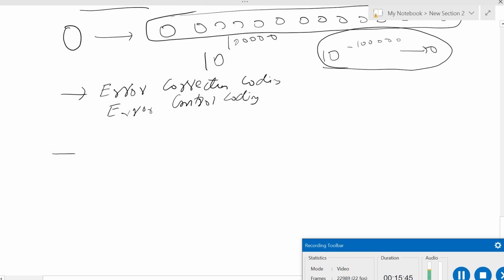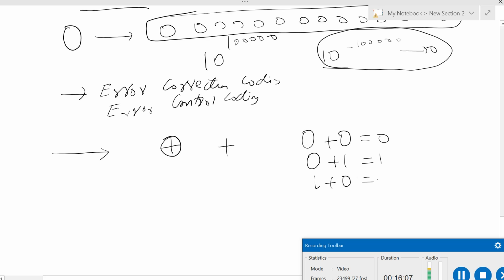To begin with it formally, we will first of all have some notation. We have everything in binary. So we have a modulo operation plus, which is the XOR operation. I will denote it by simple plus. So 0 plus 0 is 0, 0 plus 1 is 1, and 1 plus 0 is also 1.